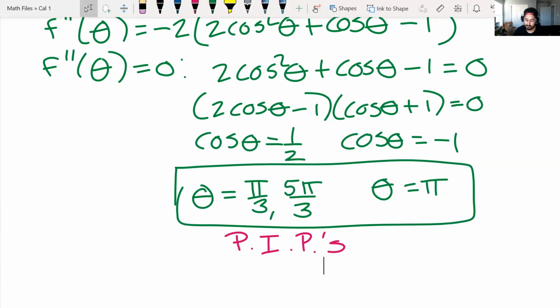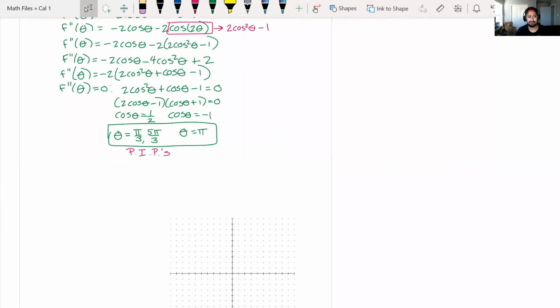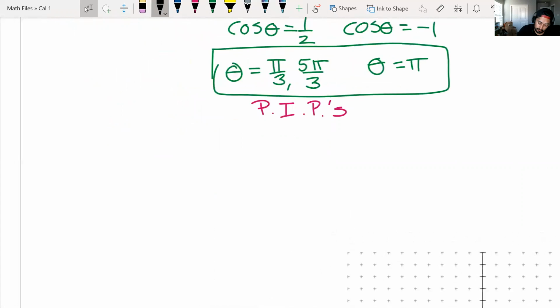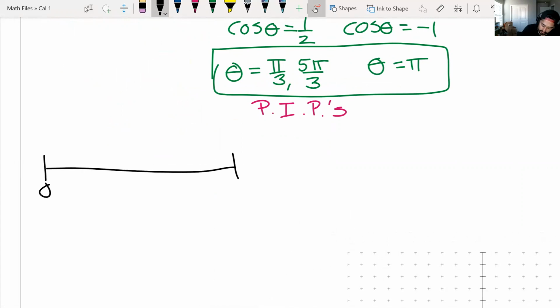Now we do a number line. Is there any more room? Of course, tons of it. So here's this, here's that. Actually, we're given a unit circle again, right? Lucky us. There's 0, there's 2 pi, and then we know that pi, one of my possible inflection points, goes right in the middle.